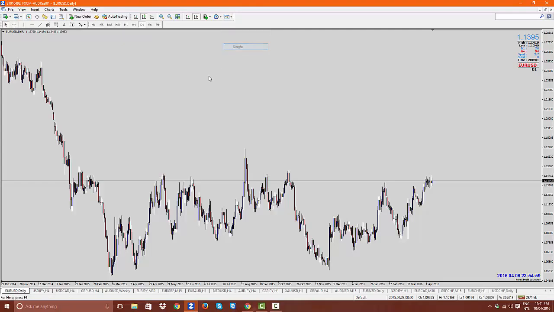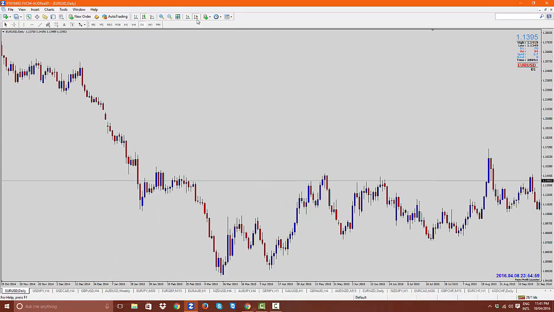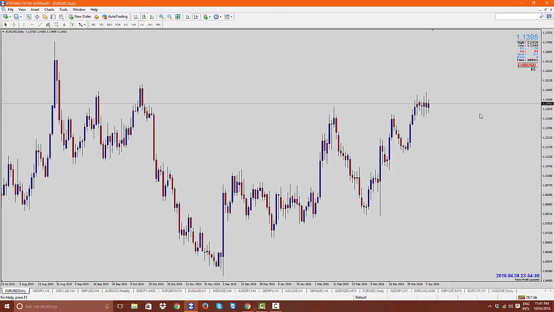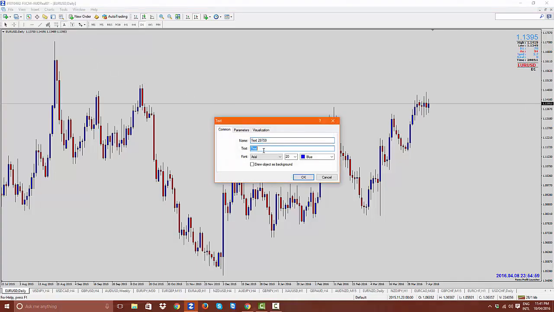I'm looking at any random pair. Now have a look. The price over here is 1.13953, right? Let me write it up here. 1.13953.